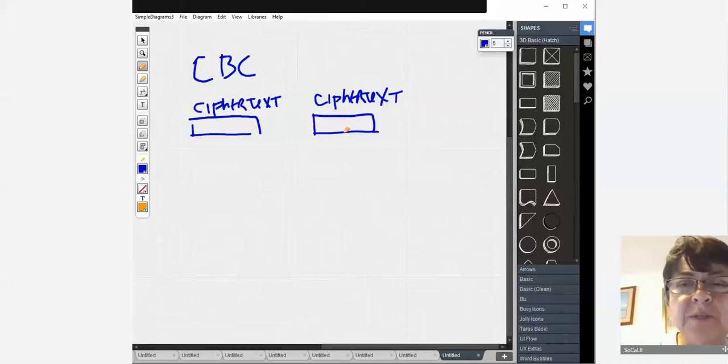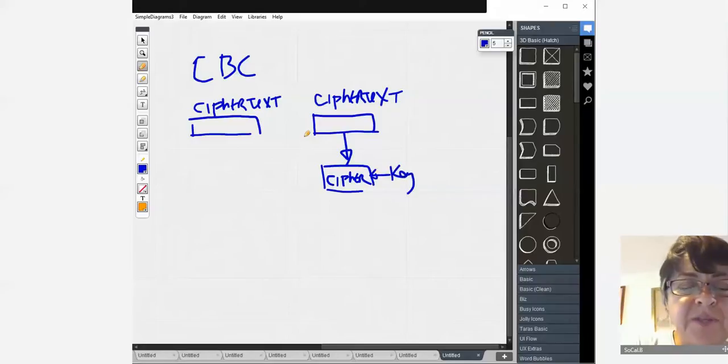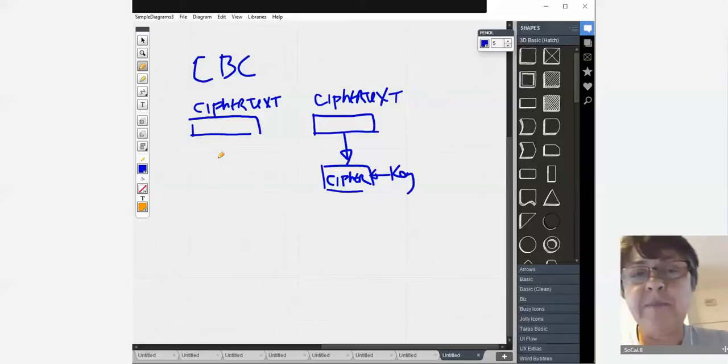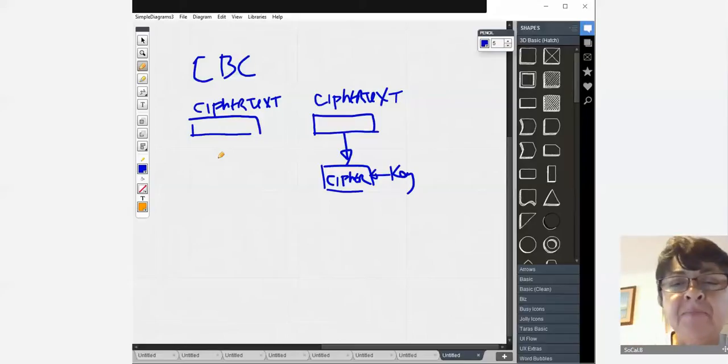It goes into the block cipher with a key. Same thing here, but I don't really care about what happens to the first block. Then when the ciphertext goes into the cipher, you're going to have some intermediate value.